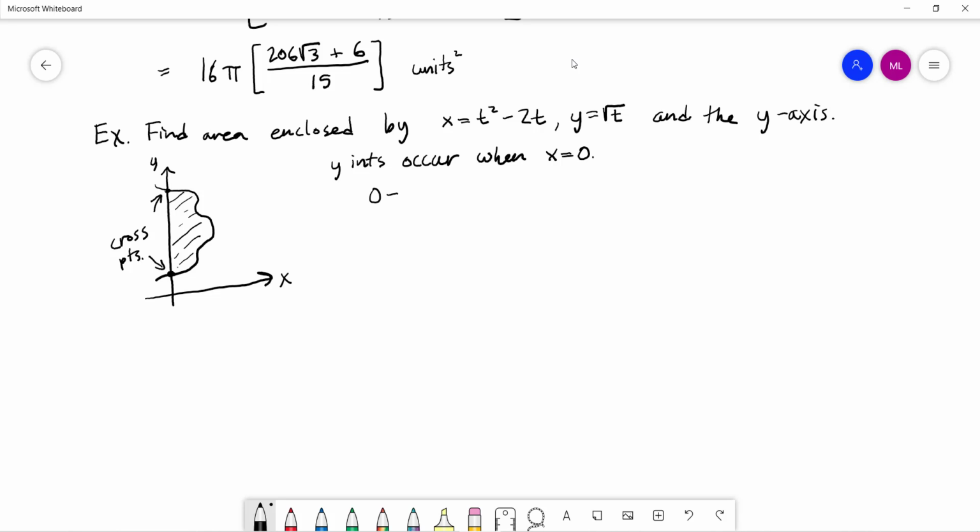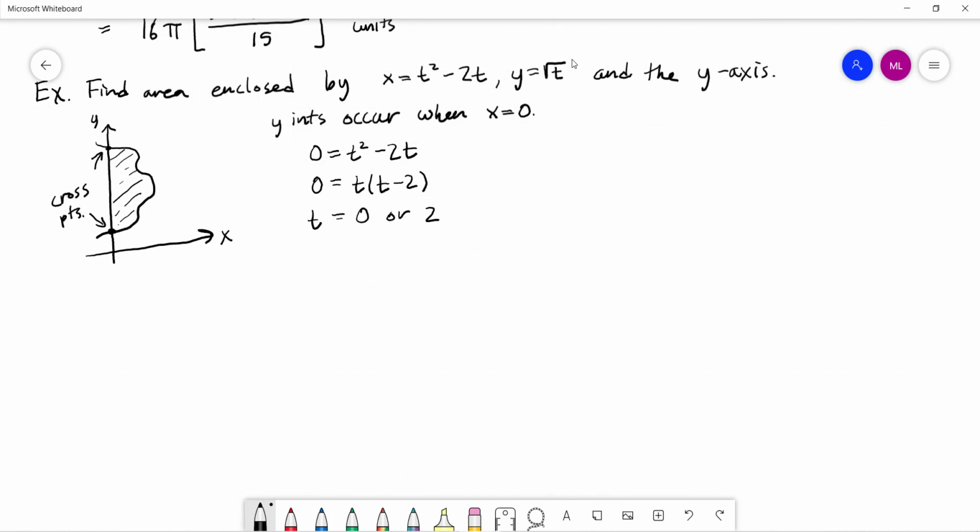I can rewrite that as t times t minus 2, and it looks like t must be equal to 0 or 2. So those are the two different bounds in t. That's going to give us our bounds of integration in t.